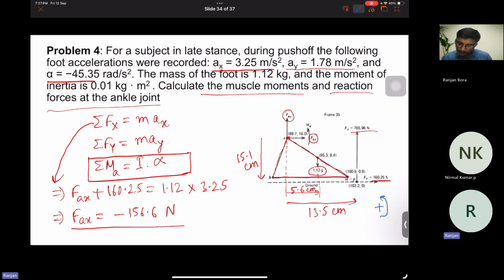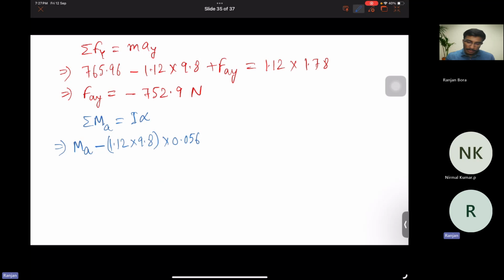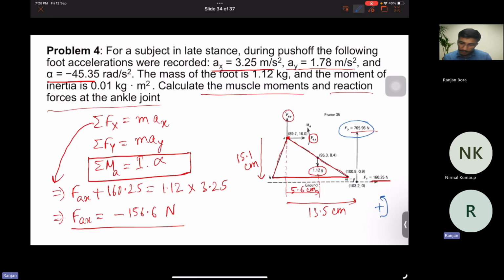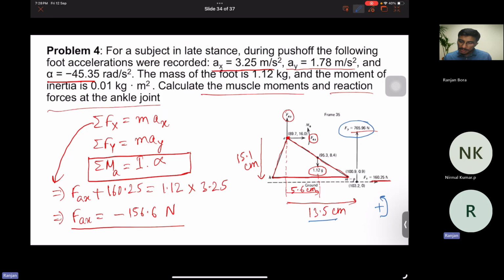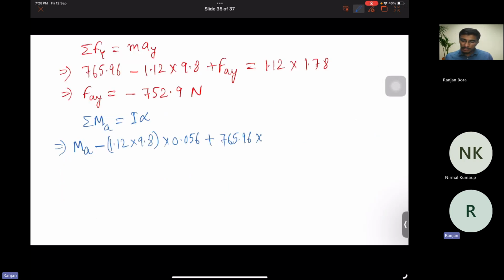And this Fy is acting in the counterclockwise direction, so it will be positive, plus 765.96 multiplied by this distance 13.5, it will be 0.135.